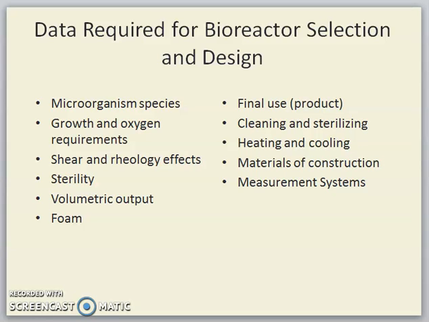Okay. The data required for bioreactor selection and design: we need to know the type or species of the microbes used, and we need to know the growth and oxygen requirement, whether it is aerobic or anaerobic. And the shear and rheology effect, because we have agitation and mixing there.